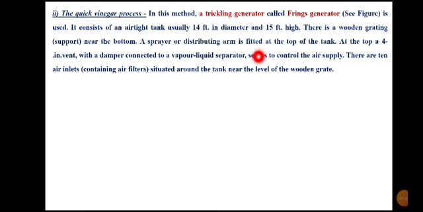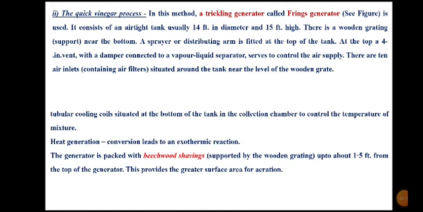At the top, a 4-inch vent with damper is connected to a vapor liquid separator, so it serves to control the air supply. There are 10 air inlets containing air filters situated around the tank near the level of the wooden grating. This is the arrangement of the fringe generator.